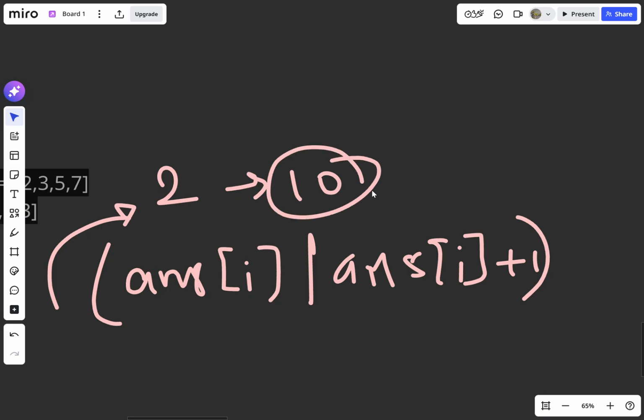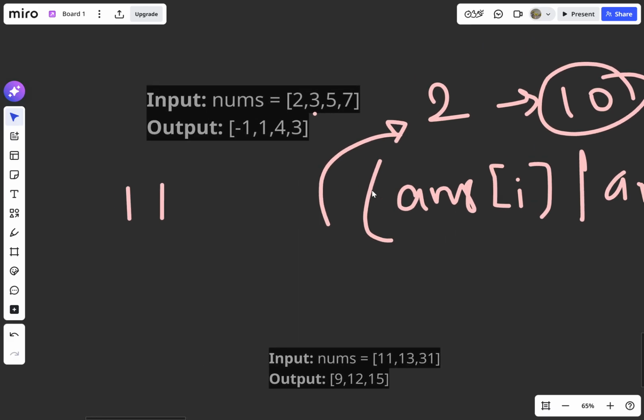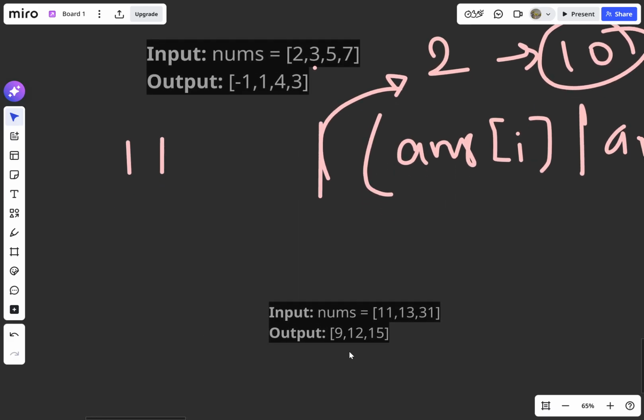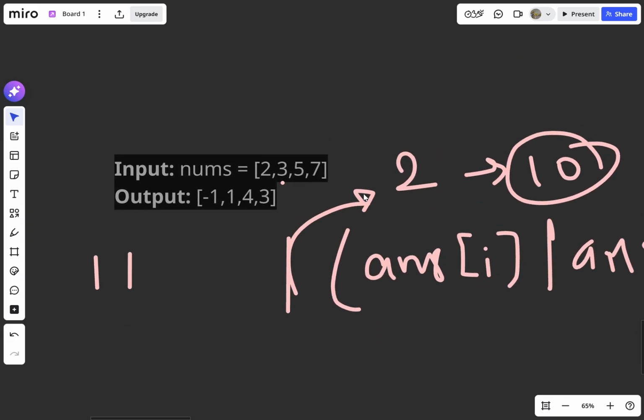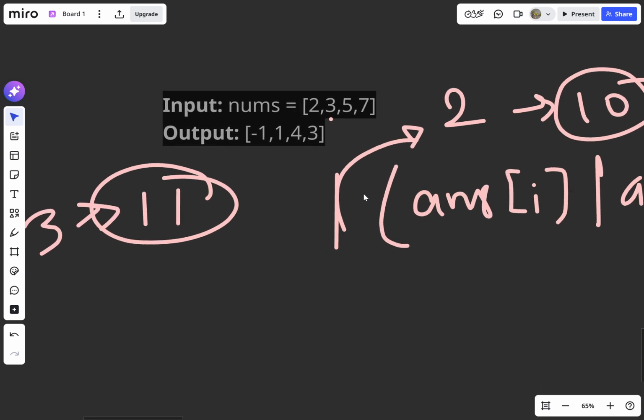But now let's see the second example, how we got the answer of 1 for 3. This is the binary representation for 1, and this is the binary representation for 3, which will be 1 1.